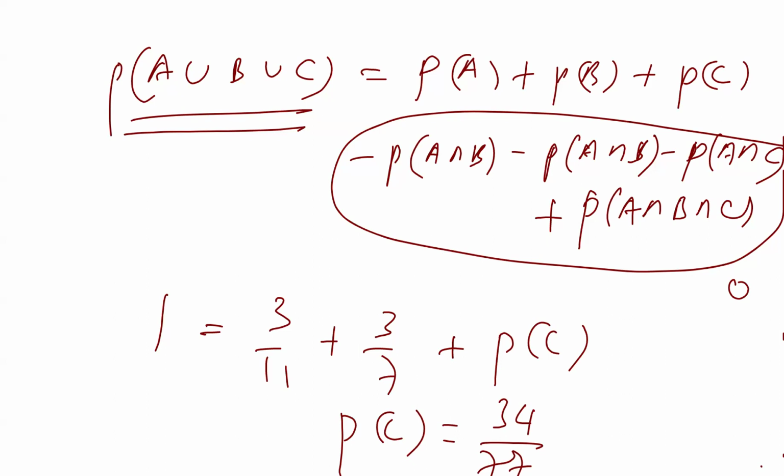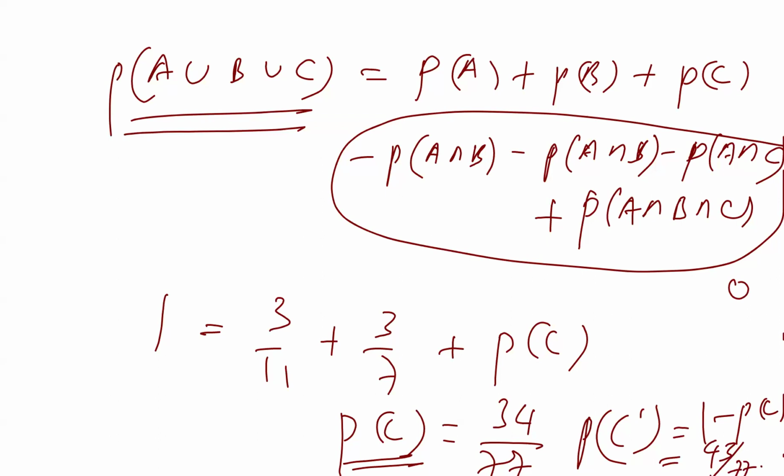So this is C happening. So C not happening will be 1 minus P of C. 1 minus P of C will be 43 by 77, right?